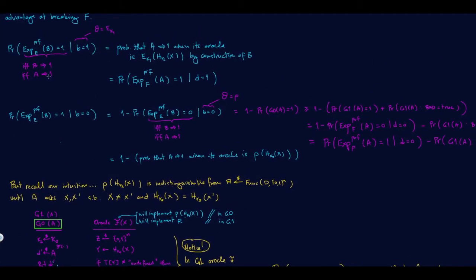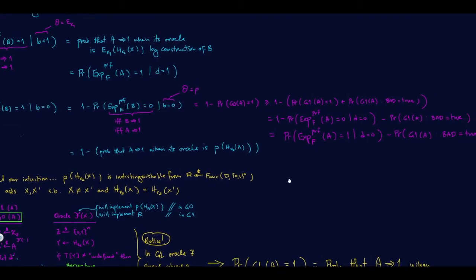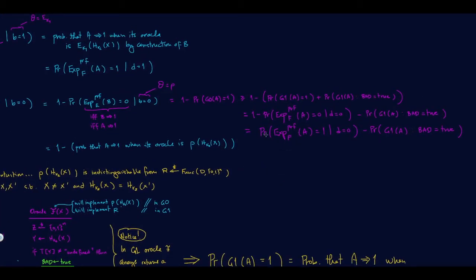And we're looking pretty good in that respect, because when we analyze the chance that B wins when its challenge bit is 1, we got that directly to be in terms of A's ability to win its game against F. And for the other piece, B's ability to win when its bit was 0, well, we went through some moves, but in the end, we did in fact arrive at an expression that's in terms of A's ability to win. So we're looking pretty good. We've got both pieces, A winning when its bit is 0, and A winning when its bit is 1.